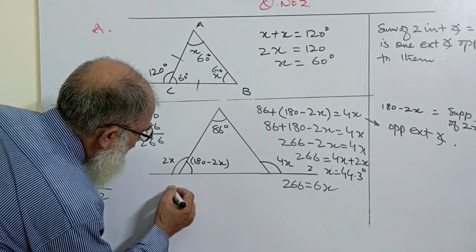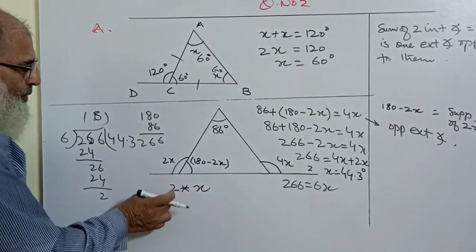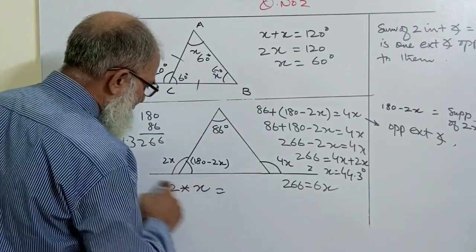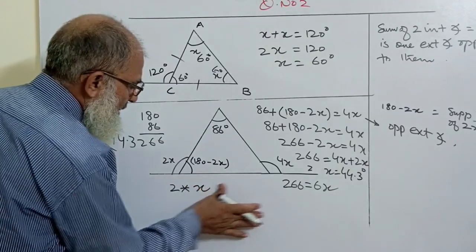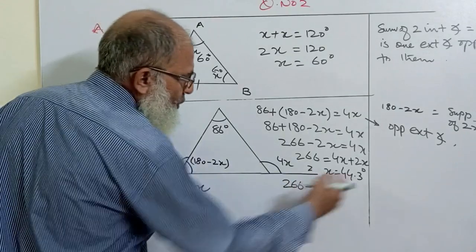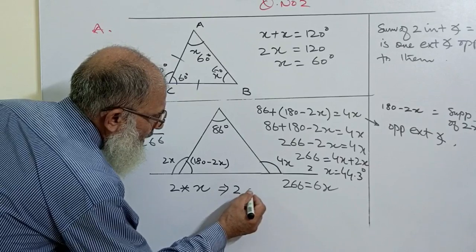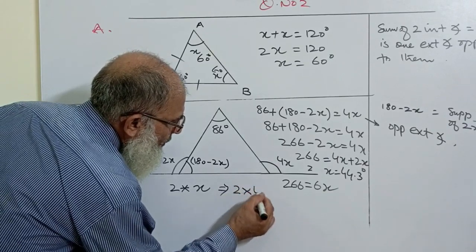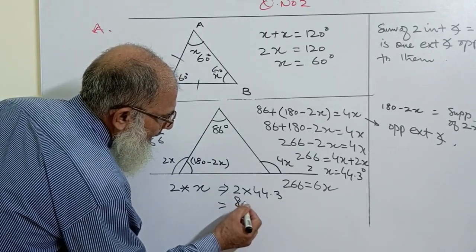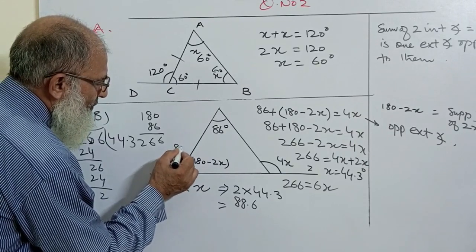So 2 multiplied by x, where x is equal to 44.3 degrees. Now 2 multiplied by 44.3 is equal to 88.6 degrees. Now this angle is 88.6 degrees.